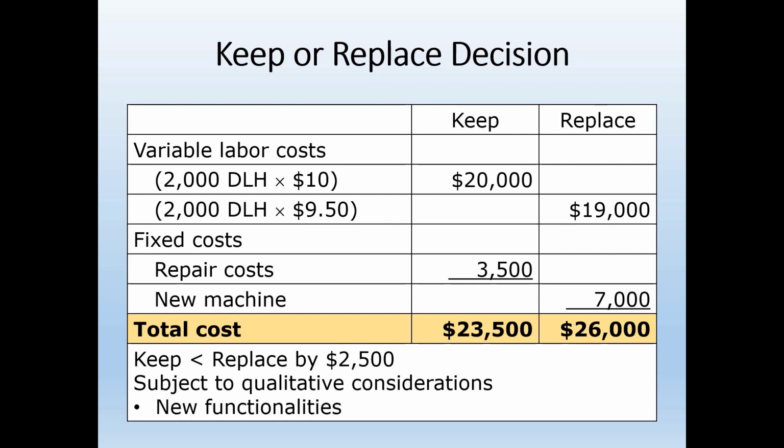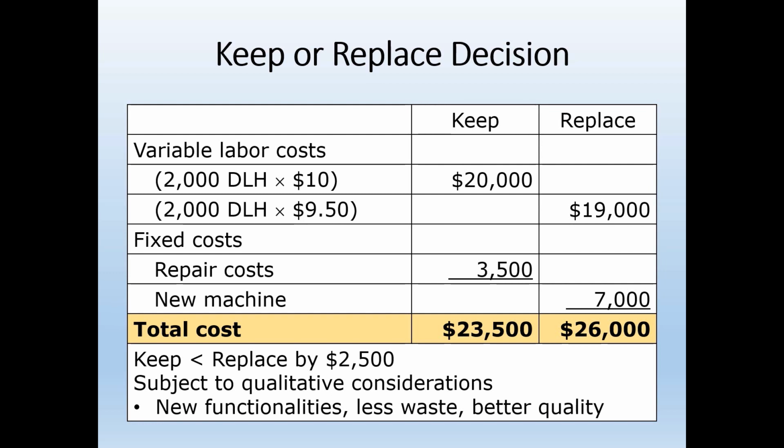For example, the new machine may have functionalities that the old machine doesn't have. Or the new machine may waste less of the raw materials. Or it may give better quality prints.